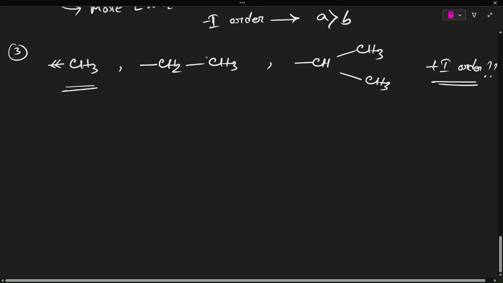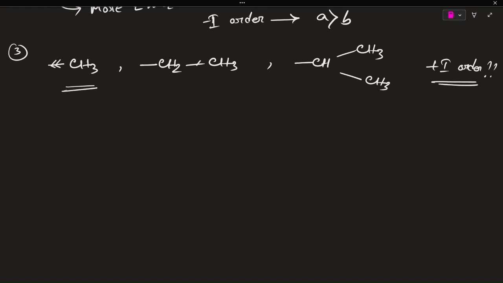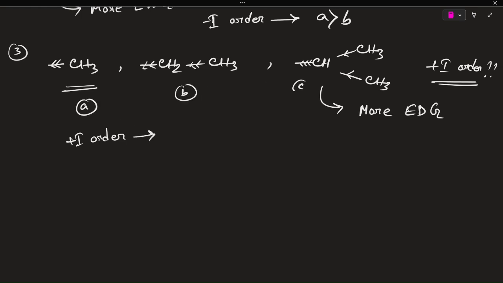Here, additionally, one CH3 group is there, so it's more electron donating in nature than this. And here, two CH3 groups are there. This is more electron donating. So the plus I order is C greater than B greater than A.